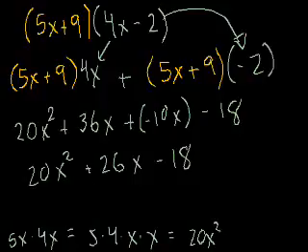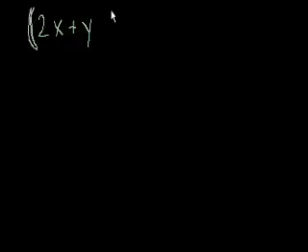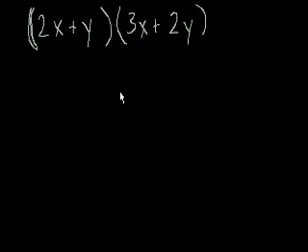Let's do another problem. Let's do 2x plus y, in parentheses, times 3x plus 2y. Well, once again, this is the same thing as, and we could just do it in a little different order, we could distribute it like this.